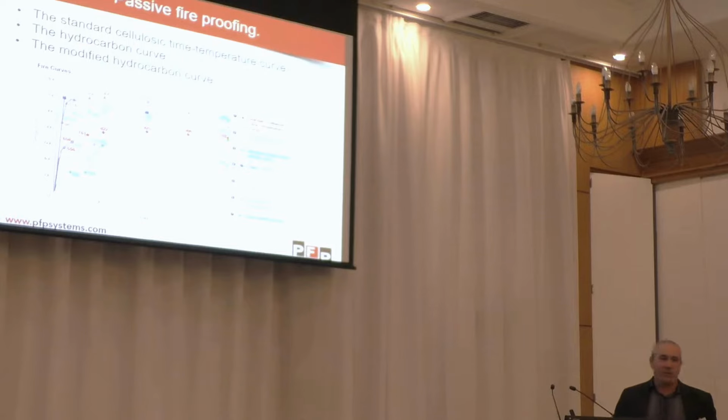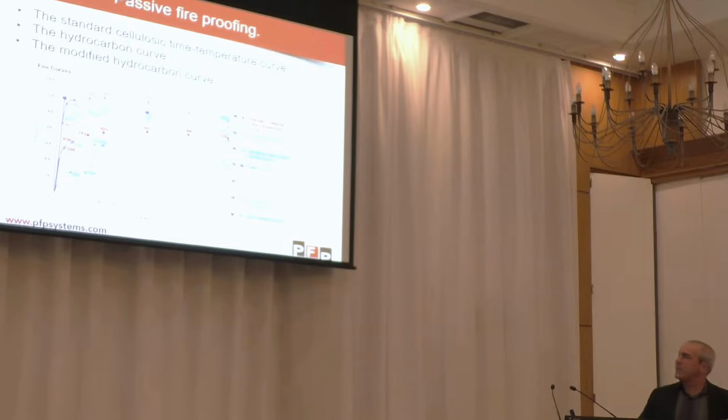Just firstly, passive fire systems take into account various curves. These are fire curves. The ones that we mostly consider are the cellulosic fuel source and the time it takes to generate maximum heat, then the hydrocarbon, and then the modified hydrocarbon, which is a concentrated form of fuel, possibly a jet fire, for example.